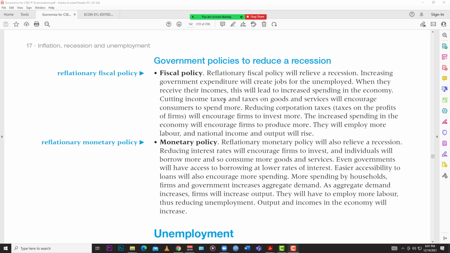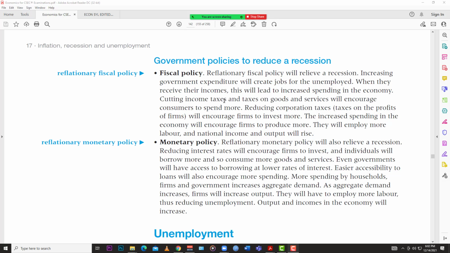Right? So those are two ways in which fiscal policy can be used to try to reduce a recession. You can use government spending to increase demand, or you can cut taxes to also increase demand. And you can see that everything is linked again.